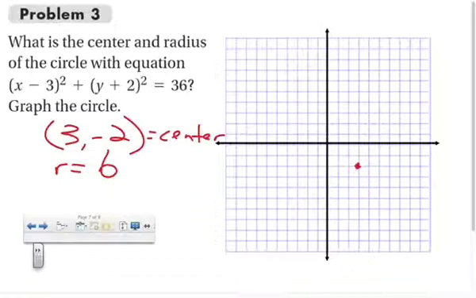You count 6 spaces in your 4 basic directions. And you connect the dots. Badly drawn, but you get the idea.